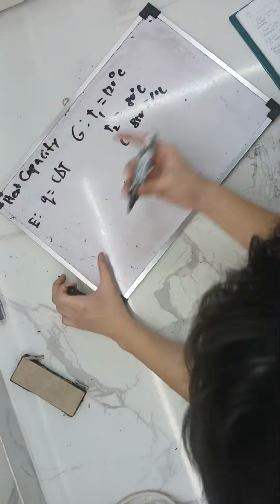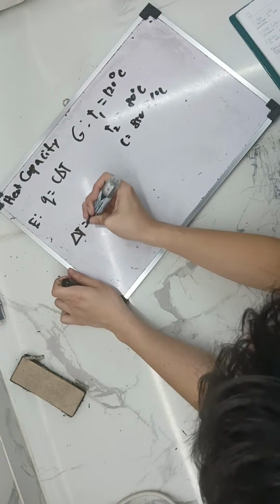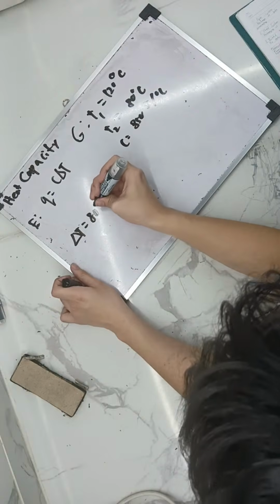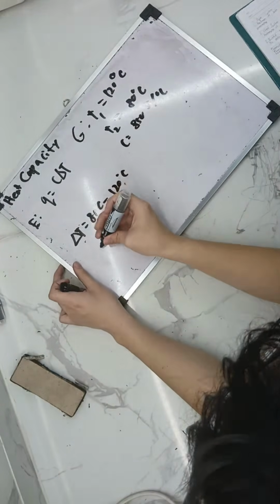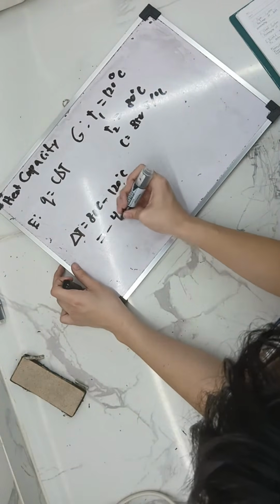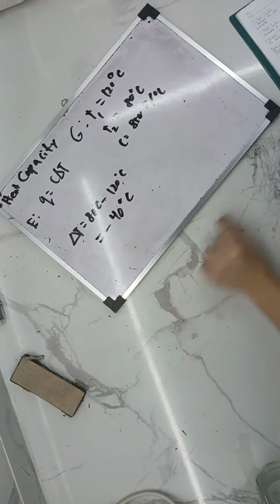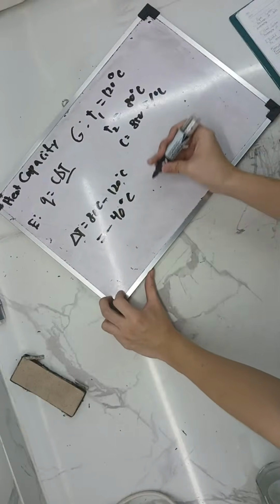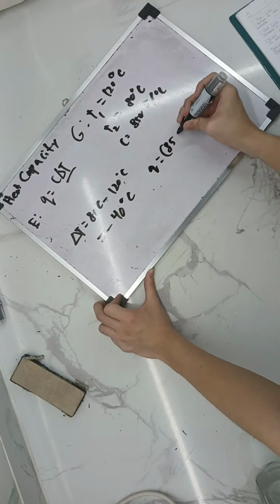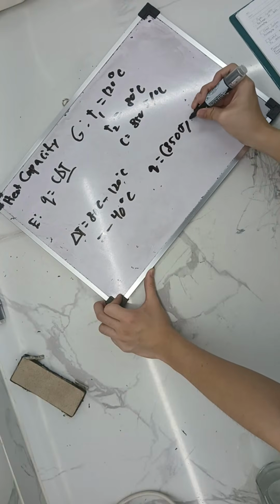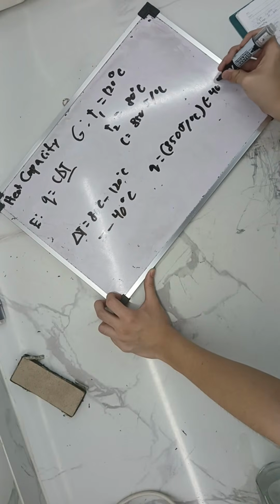Now solution, let's find the change of temperature first. So the change of temperature is equal to T sub 2, 80 degrees Celsius, minus 120 degrees Celsius, which is our T sub 1. So this will equal negative 40 degrees Celsius. So now that we have this value, we're simply just going to substitute it here. So our Q is equal to 850 joules per Celsius times negative 40 degrees Celsius.